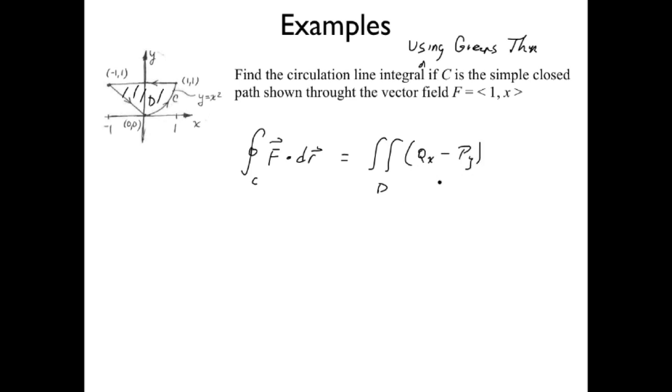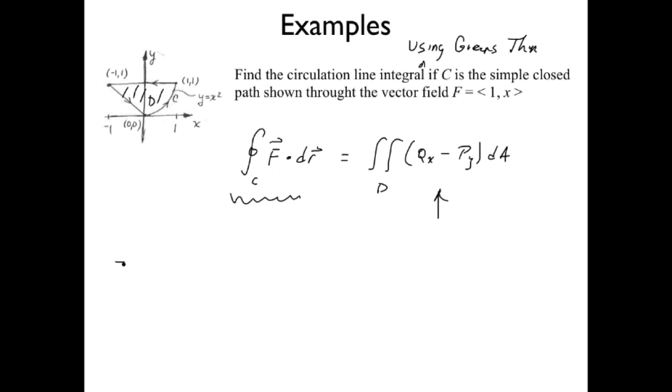That's like our rotational rate of change, right? This is a rate of change function of the vector field. That's like rotational rate of change. We showed that, talked about that earlier. dA. So using Green's theorem means we're going to find this value by doing this. That was the value asked for, but we're going to do that instead.